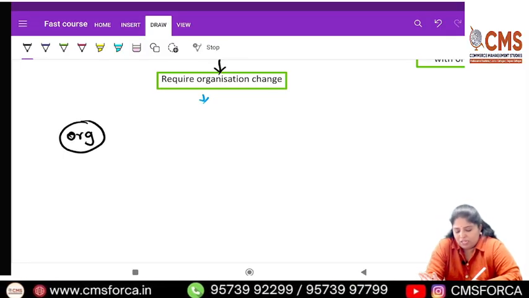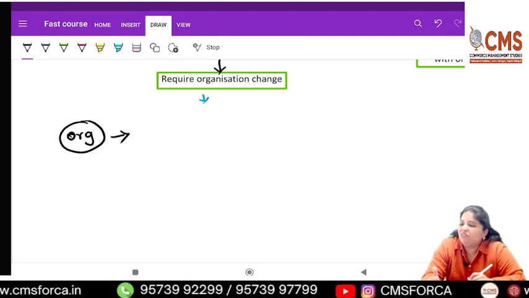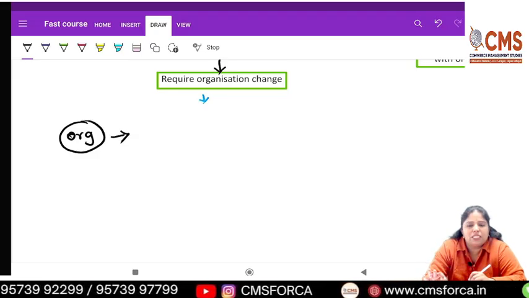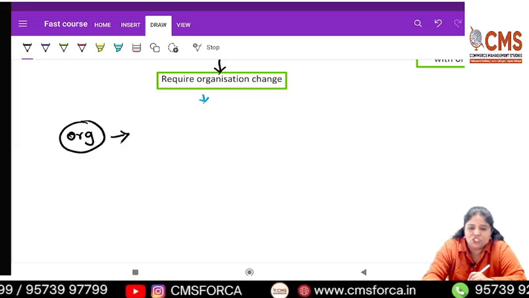So when any organization wants to keep surviving in the external environment, they have to make sure they are keeping their strategies up to date and adapting to the environmental changes.